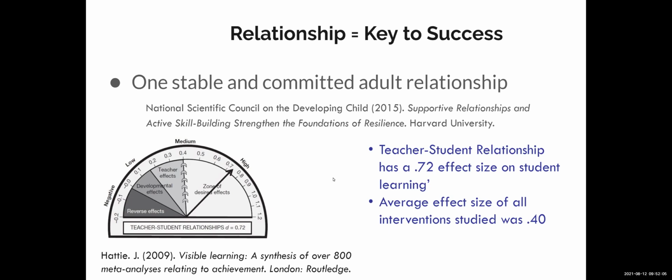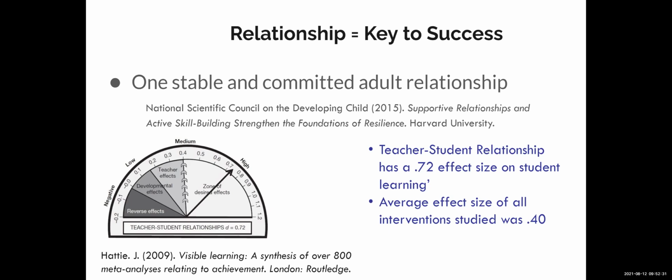And that was the effect size that those meta-analyses found that teacher-student relationship had on student learning, right? So it not only exceeded the average of all the interventions studied, that's a really solid effect size. Not even all academic interventions that target actual academic skills will produce an effect size of that magnitude.